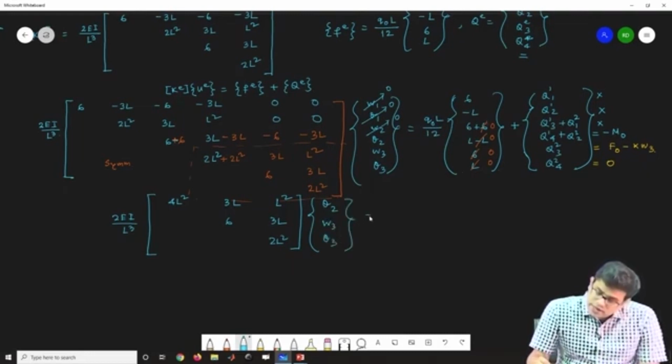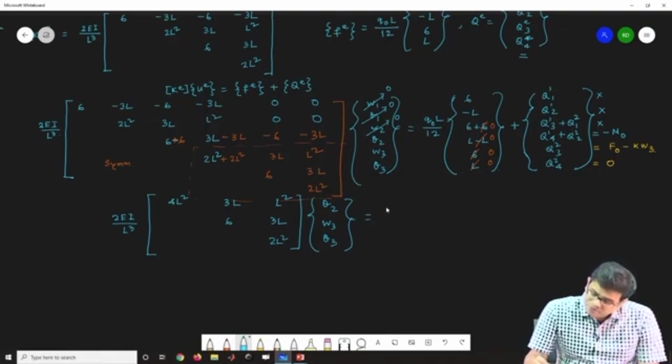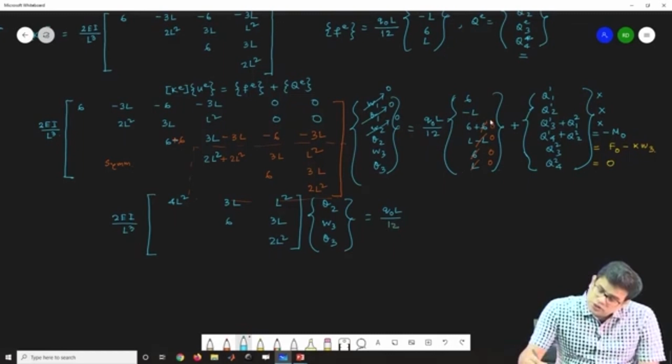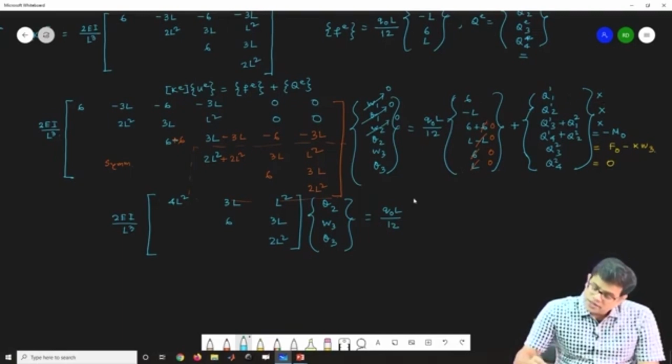This will be there, and then Q0 L by 12 into, so these three quantities will not be there because that is included in the reactions, means that will be used while computing reactions.